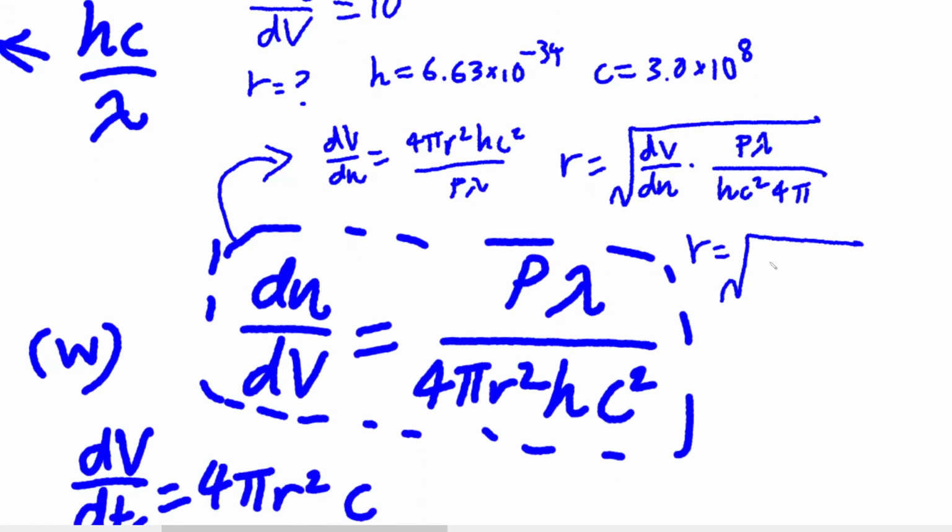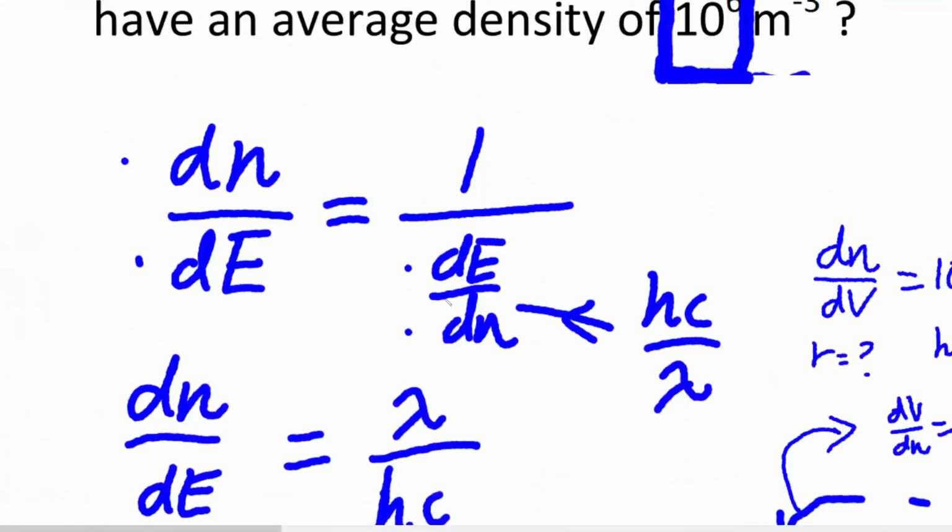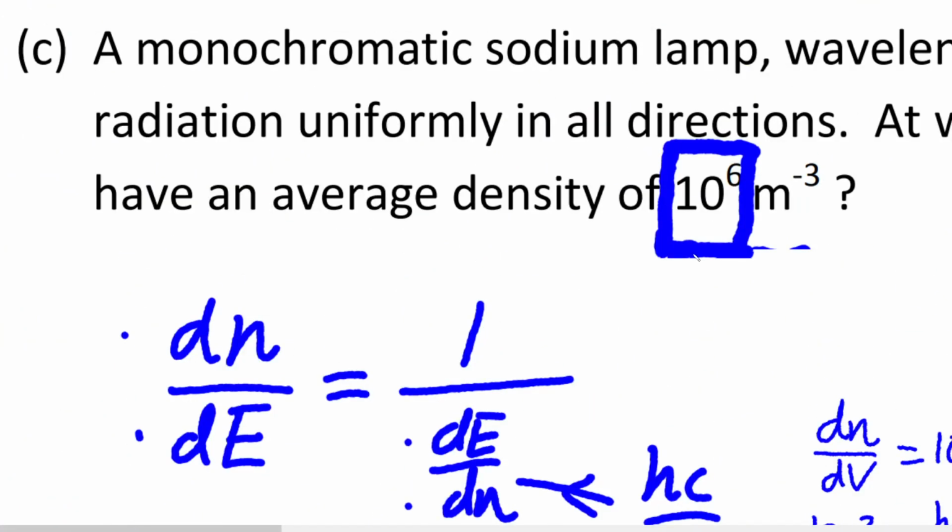And after putting this into a graphical calculator, you get an ultimate result of r is equal to 283 meters. So that tells you that 283 meters away from a sodium lamp with those characteristics as described in the question, you will have a photon density of 1 million photons per cubic meter.